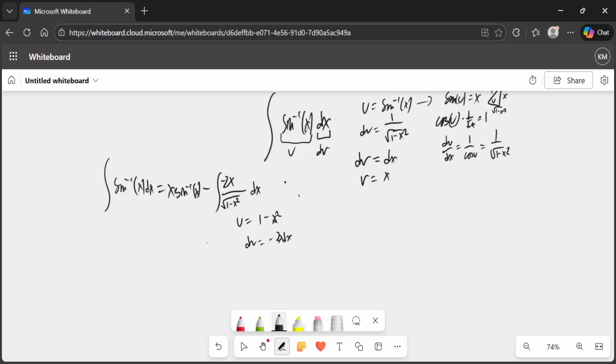So you need a negative 2 here, which means that becomes a 1/2 on the outside.